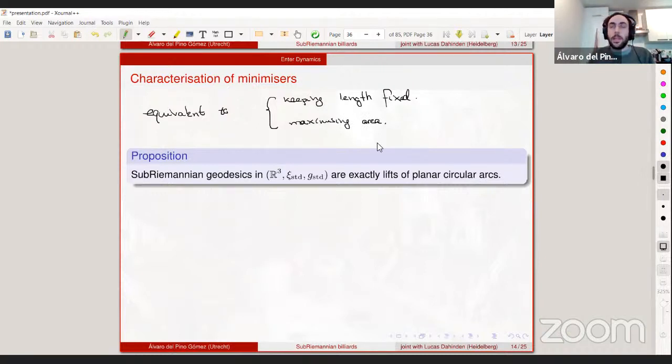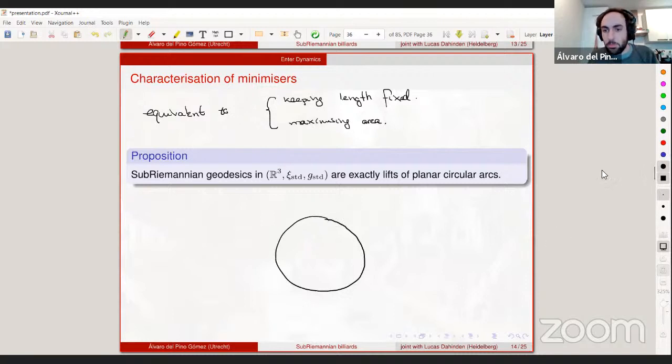So what I'm claiming is that solving the previous problem where the total area is Z, but I want to minimize the length, it turns out at the end of the day, it's more or less equivalent to the opposite thing, where you keep the length fixed, but you maximize the area. And the question is, okay, what is the curve that for a fixed length bounds the biggest area? And the answer is it's the circle.